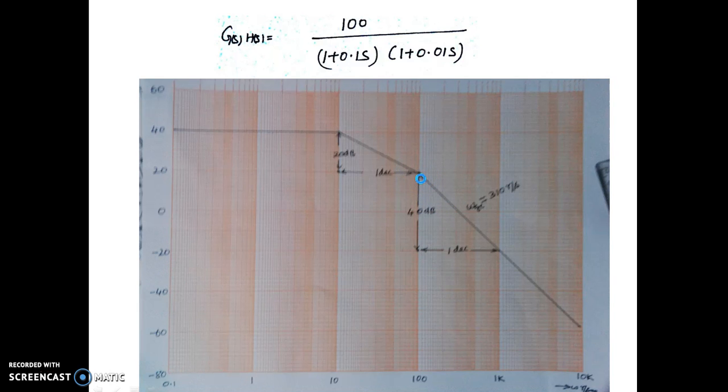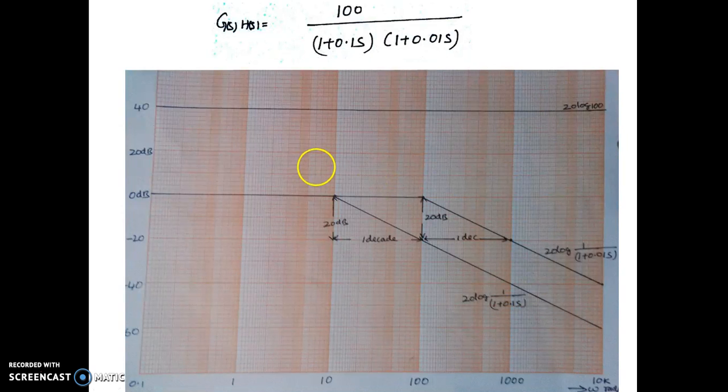Meaning to say, in the previous plot, as you can see now, till 10 radian per second the slope is 0. Between 10 and 100 the overall slope is minus 20, 0, 0. So it is minus 20. After 100 radian per second the slope is 0 here. This is minus 20. This is another minus 20. So from 100 radian per second onwards, the overall slope is minus 40 dB per decade.